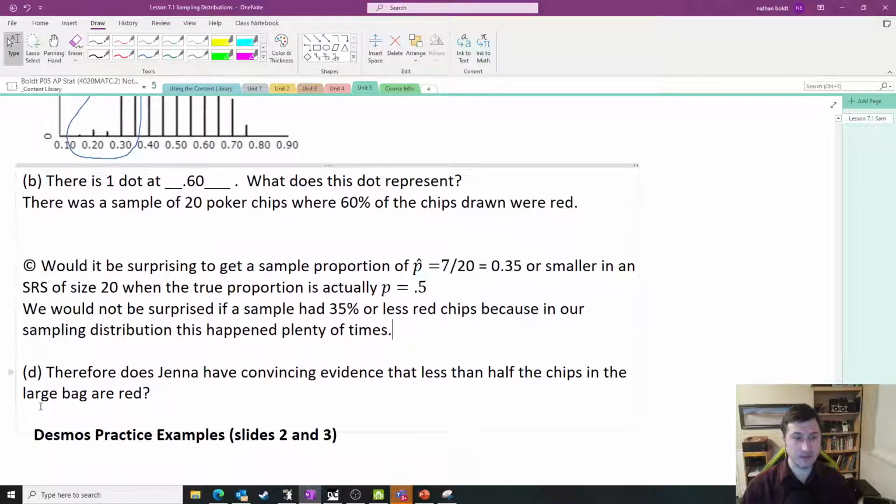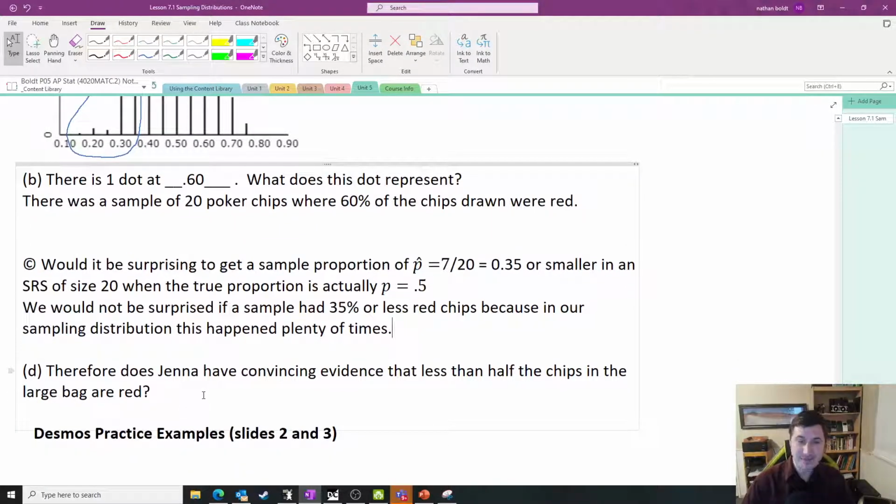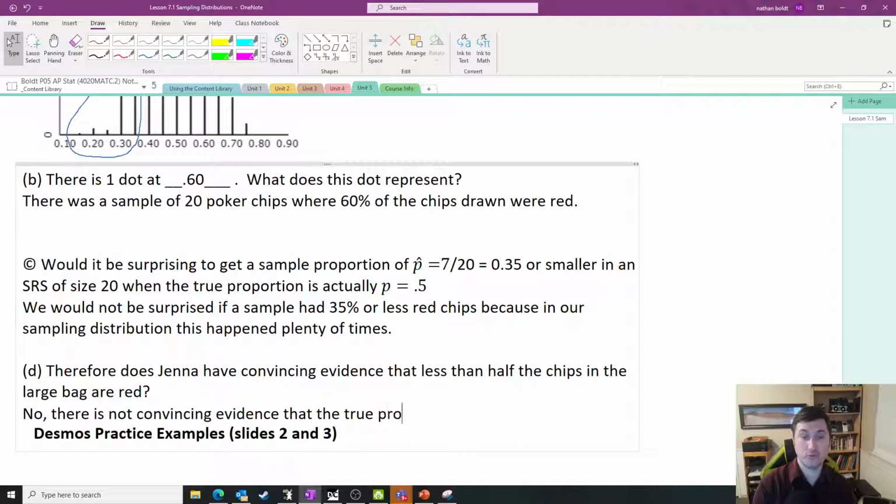So therefore, does Jenna have convincing evidence that less than half the chips in the bag are red? Does she have evidence that Mrs. Bolt is lying? No. There is not convincing evidence that the true proportion is not p equals 0.5.